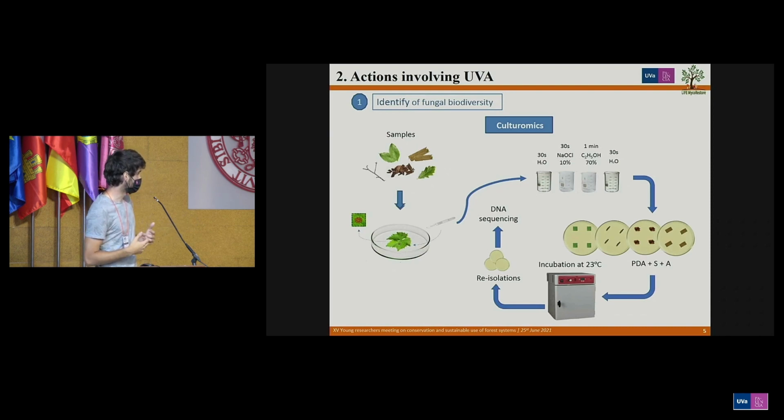Then we put them at 23 degrees to permit these fungi to grow, and then with all the fungi that grow in these plates, we try to re-isolate to have a pure plate with the different strains.